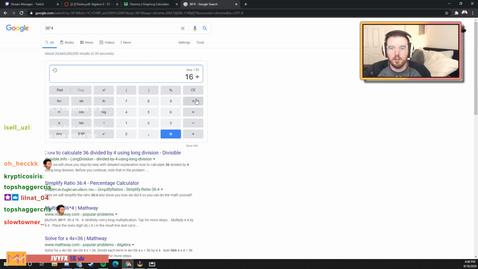A fraction bar just means division. 16 divided by 16 equals 1. 2 divided by 4, so 2/4, that's why it's a half, 0.5. 1 divided by 3 is 0.3 repeating. A fraction is just division. 9/4 is 2.25.